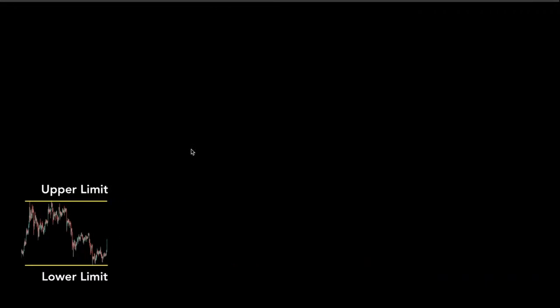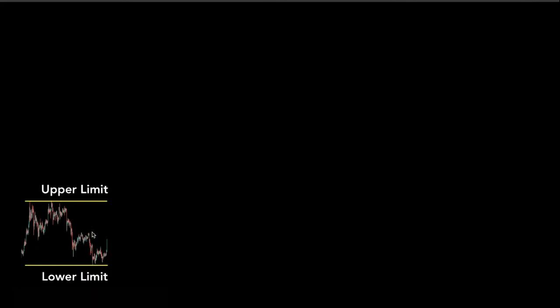So imagine that you have defined the trading range by this resistance level and by this support level. So this is your trading range within which the bot is going to trade for you. Imagine that then the price goes upwards.